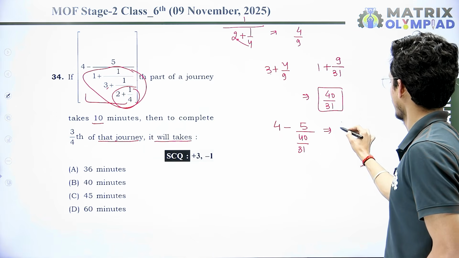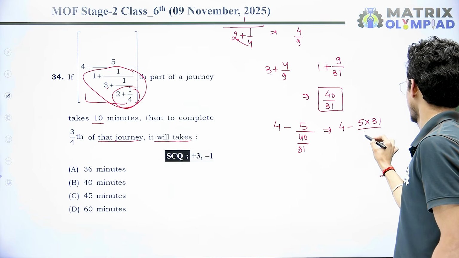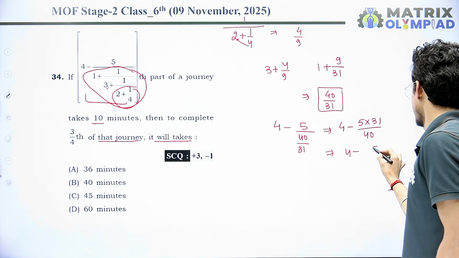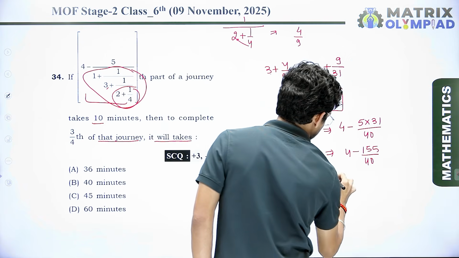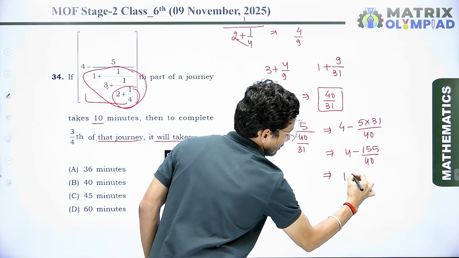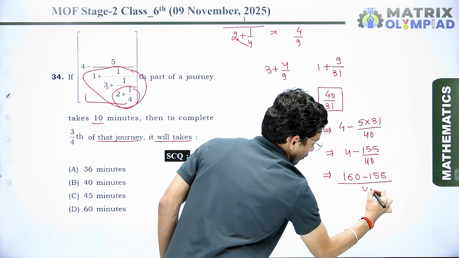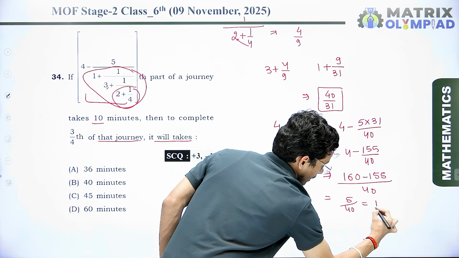So when we simplify, I can write 4 minus 5 multiply 31 upon 40. So 4 minus 5 1 5, 5 3 15 upon 40. When I simplify it, 4 4 16 minus 155 upon 40, it means 5 upon 40, it means 1 upon 8.